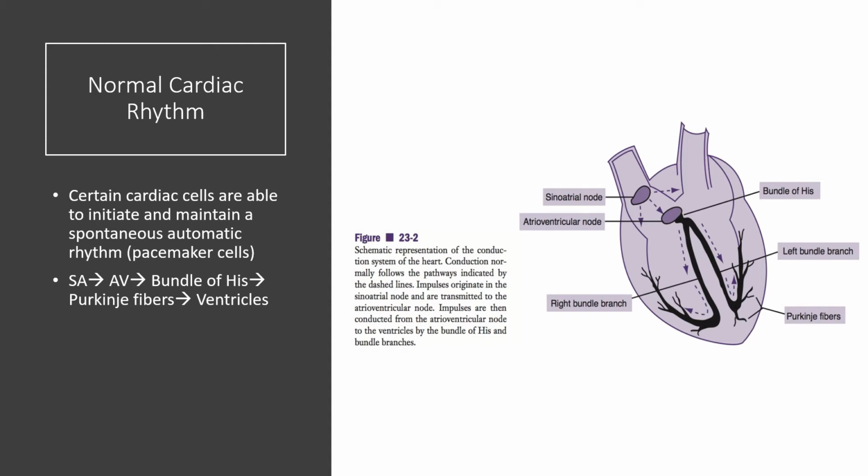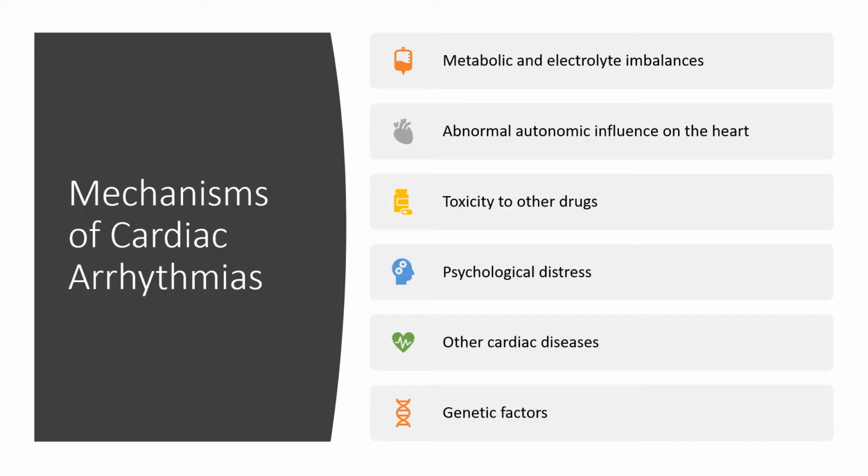And as the bundle leaves the AV node, it's going to divide into both left and right branches. And these left and right branches are what is going to supply the respective ventricles. So the action potential is actually distributed to all parts of the ventricles through the bundle branches and the Purkinje fibers. And then the Purkinje fibers are going to aid in ventricular contraction.